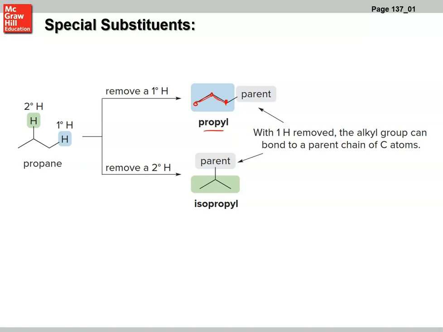However, if we're going to attach from the middle of that group, then it's going to be called isopropyl. So it depends on the attachment point. If the parent group attaches to that middle carbon, it's isopropyl. If it's on one of the end carbons, then it's just a propyl group.